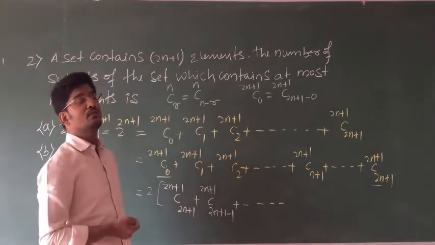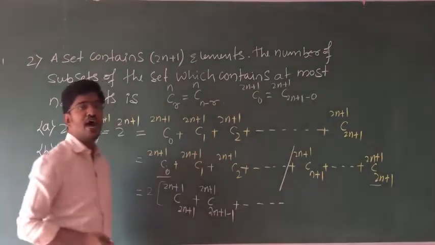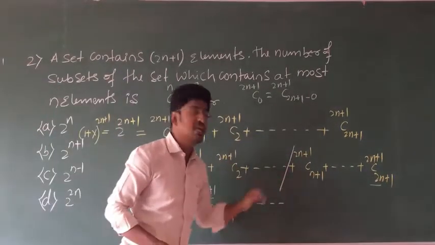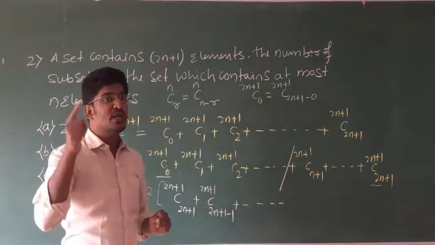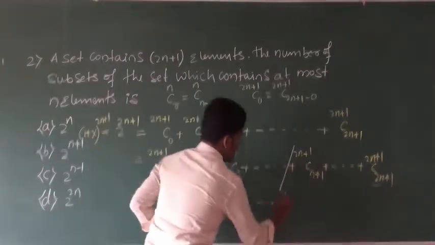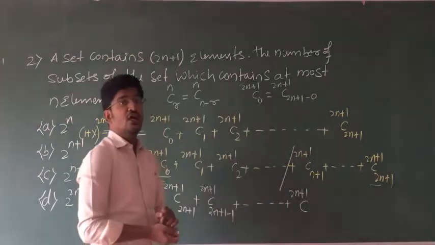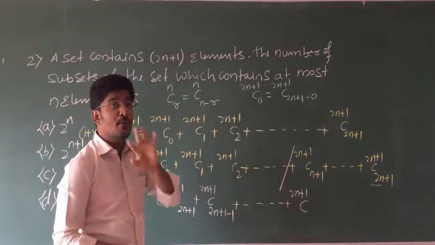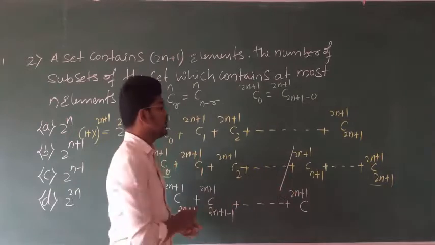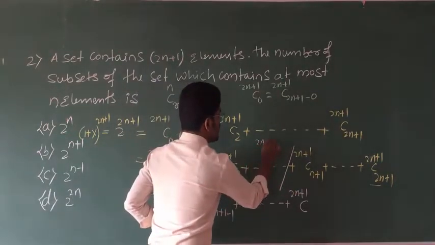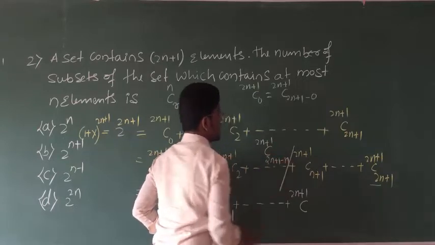The middle term is important. Because this is the middle term, before this what are you going to have? The term before this is going to be 2n plus 1 C (2n plus 1 minus n).